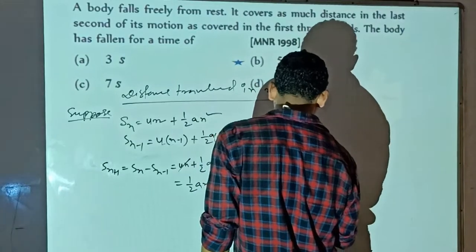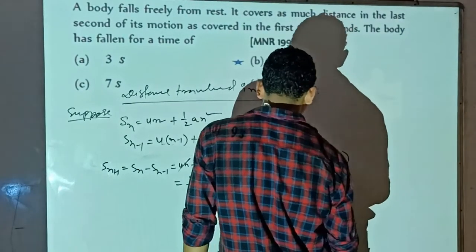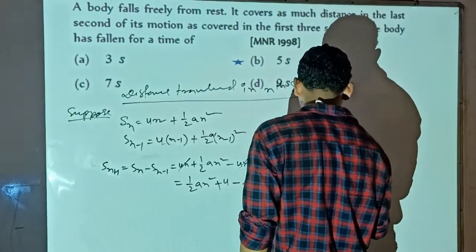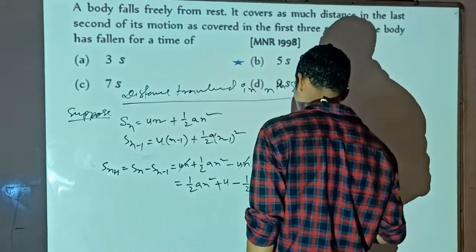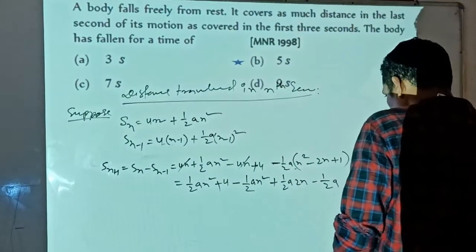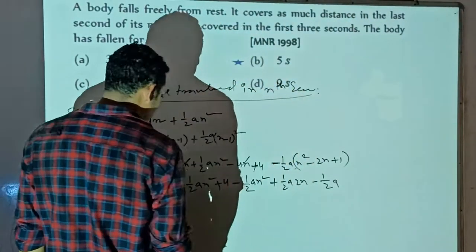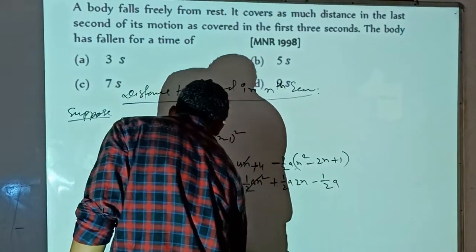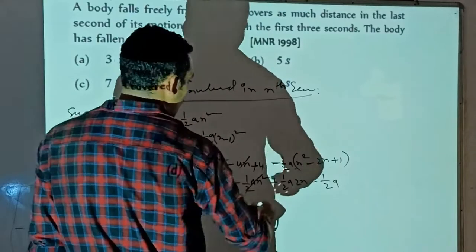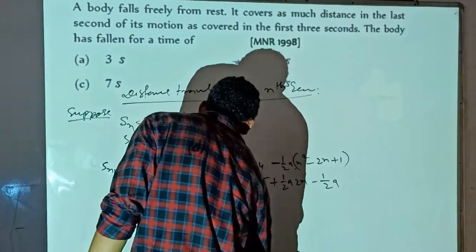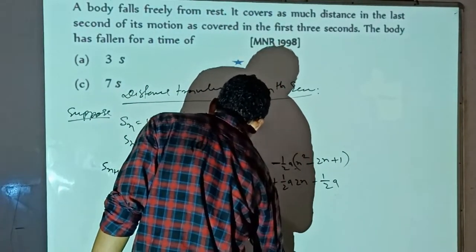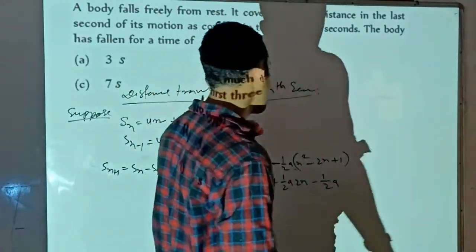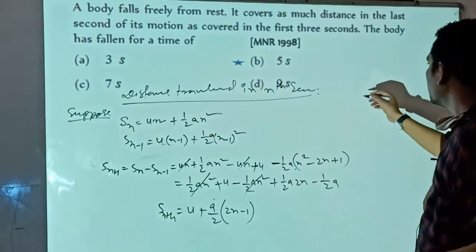Minus minus becomes plus, so half of a into twice n, and minus plus becomes minus half of a. So half of a n square will cancel out. Therefore this will be u plus, if we take a by 2 common, a by 2 into twice n minus 1. This is S nth.